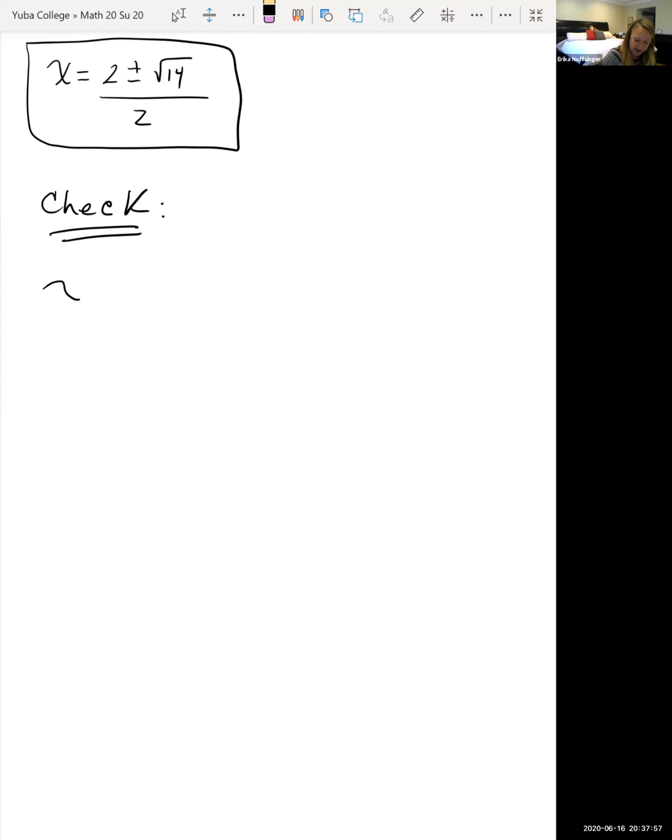So remember, x equals, I'm going to write this as 2 plus root 14 all over 2. That's one solution. And then the other solution we can write as x is equal to 2 minus root 14 all over 2. So if that is a solution, we can figure out what the factor is of a polynomial.